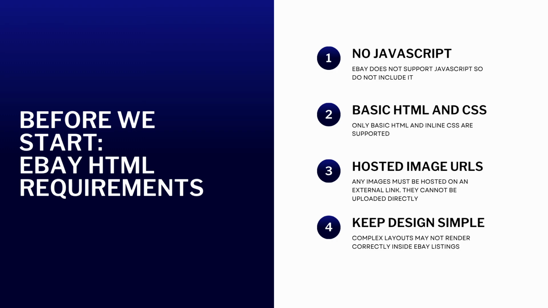We'll keep the code clean and straightforward because overly complex layouts can break inside eBay's listing environment, and these are the constraints we're going to give Claude in our prompt so that what it produces actually works on the platform from the moment you paste it in.